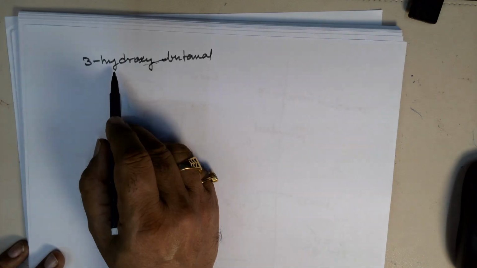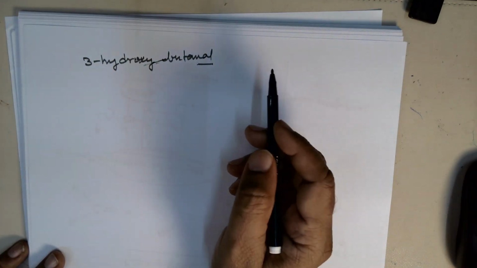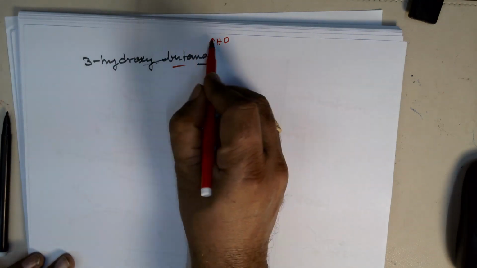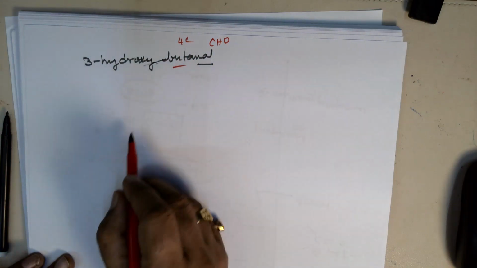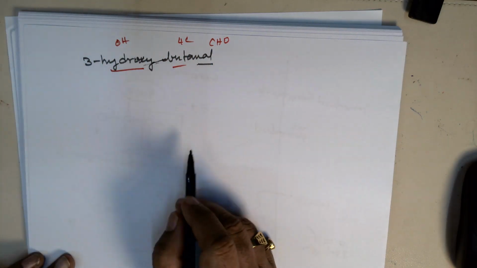So in IUPAC, you have to write continuously. So this is 3-hydroxybutanal. Nal means aldehyde. Buta means 4 carbon atoms. Hydroxy means OH, that is present in the third position.